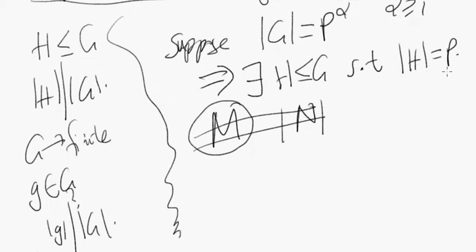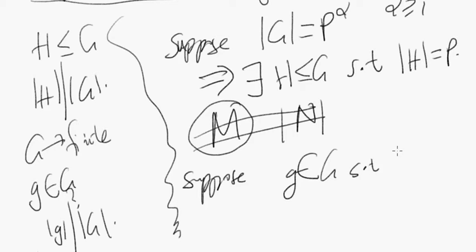Is it sufficient to just pick an element of G that has that order? For instance, suppose we found little g, an element of G, such that the order of little g equals p.